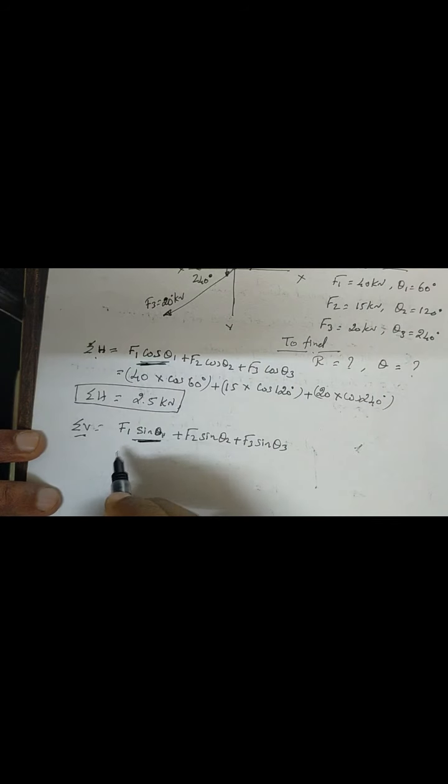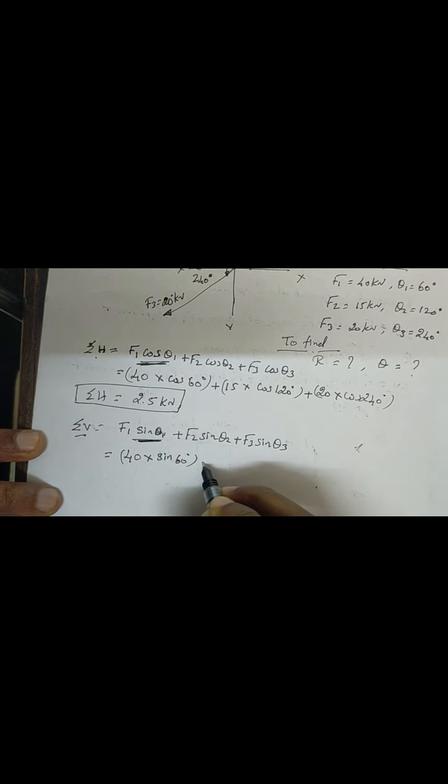Similarly, you should find the summation of vertical components. You know the formula: F1 sin theta 1 plus F2 sin theta 2 plus F3 sin theta 3. Here is a small change, the rest is the same. For the vertical component you use sin theta, for the horizontal component you use cos theta.